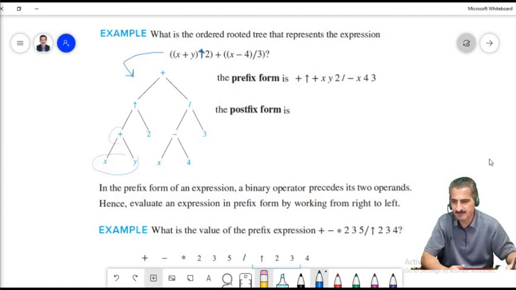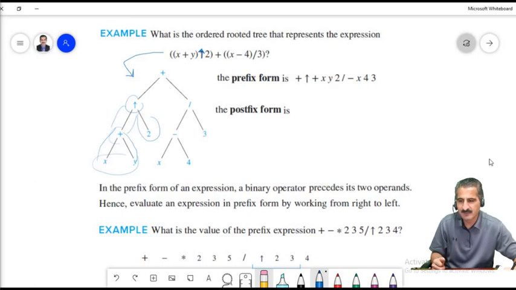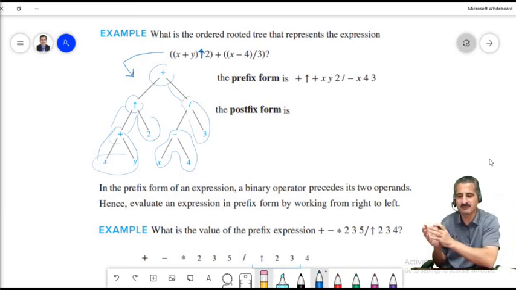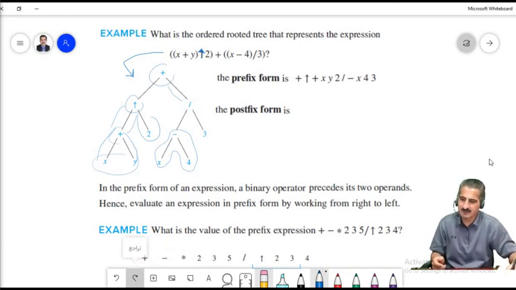So take x plus y. Once you are done, raise it to power 2, right? And then add all this to what? To first x minus 4 and divide that by 3 and then add everything in here to what we have already got from the leftmost subtree, and then we got what is above there.